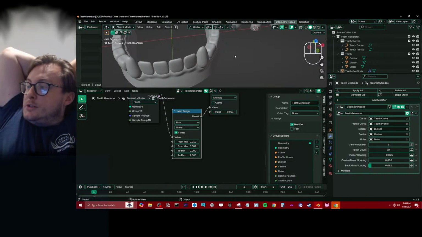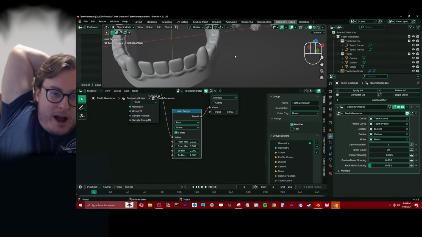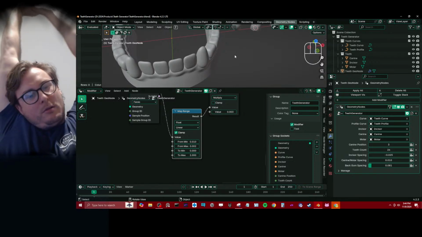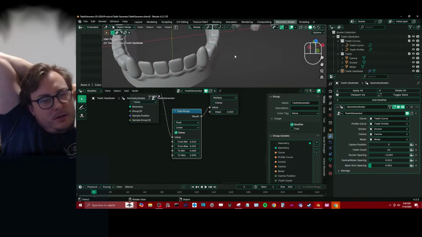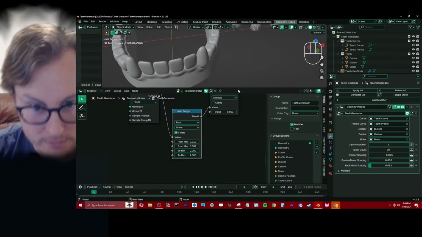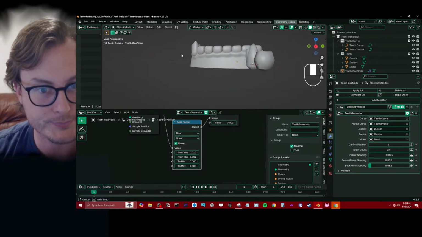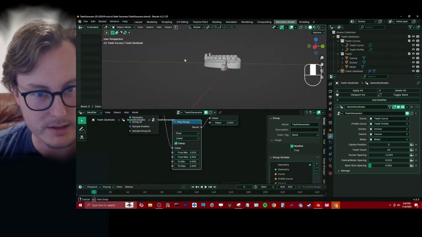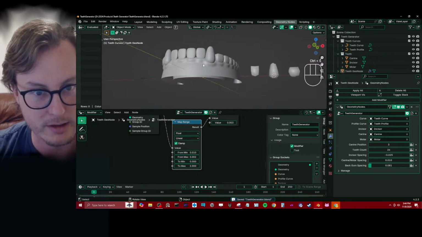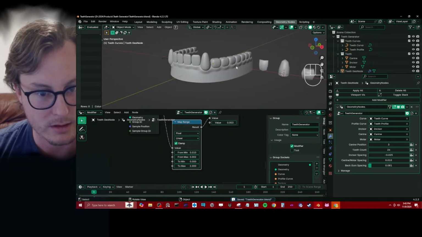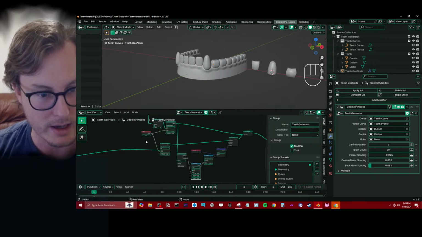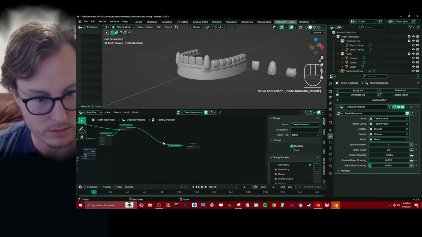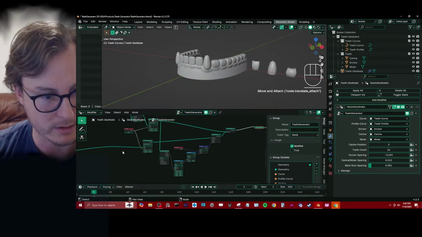So what we'll need to do is create high and low poly versions of the canines, and we'll be able to swap them, and then use that to drive this gum inflation right here. But this is such an easy and great starting point for teeth. We'll basically be able to make a toggle. I love which I can do right now.